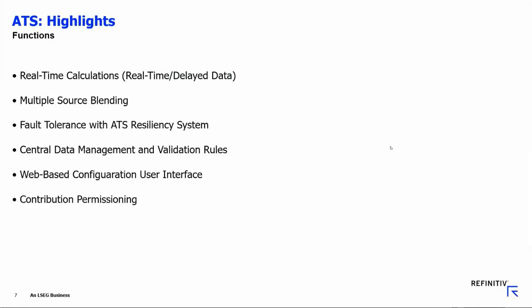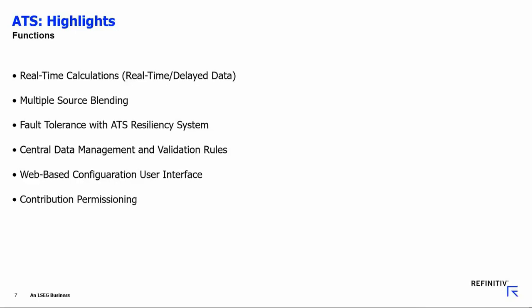Means ATS can run both as a standalone server and as a pair of resilient servers. So you can run multiple ATS processes to increase availability and stabilize the fault tolerance. Central data management and validation rules allows you to use ATS to contribute or update data and share it across the organization from a single location and validate the data by filtering the values that are out of range.